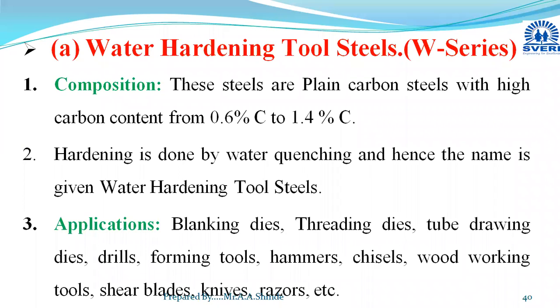Now, applications of these water hardening tool steels will be like this. These water hardening tool steels can be used for manufacturing of blanking dies and threading dies, then tube drawing dies, some kinds of drills, some forming tools, some kinds of hammers, chisels, then woodworking tools which we use in the carpentry shop.